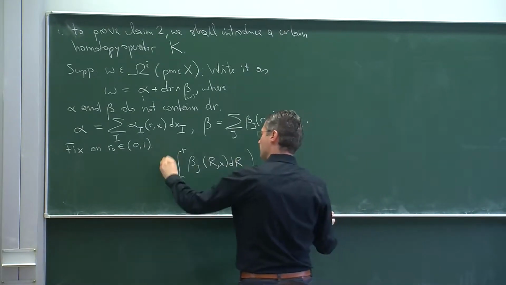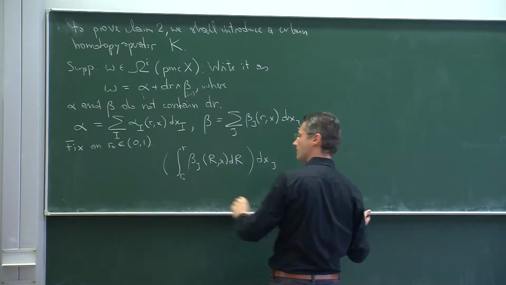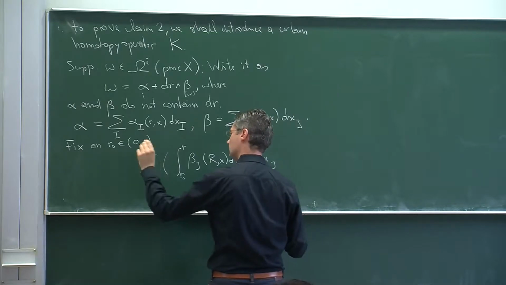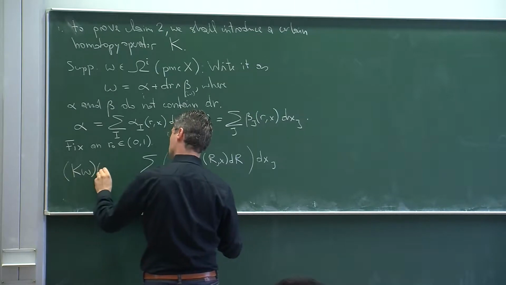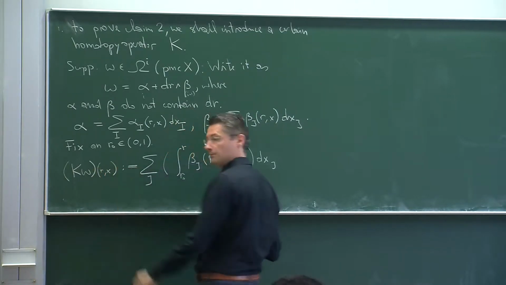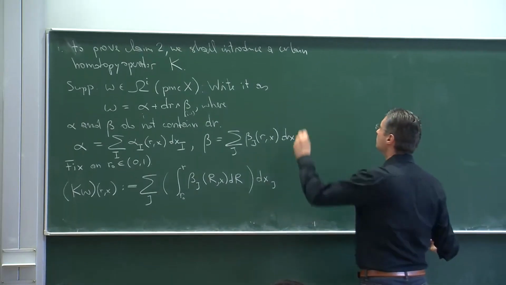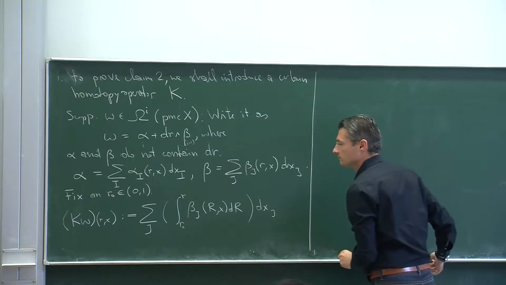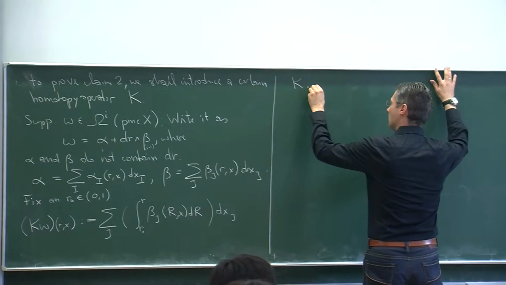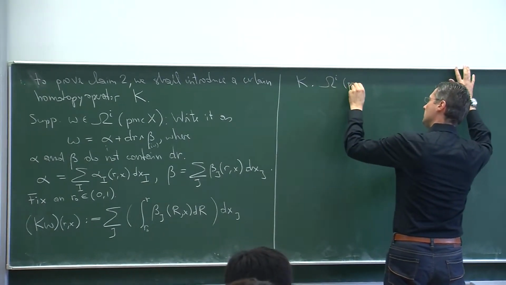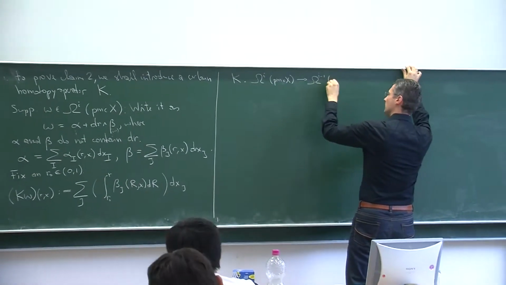And I take this as my coefficient functions. And this is my definition of K omega. Okay. So notice that K omega is an I minus 1 form. So I certainly get this way a map from Omega^I of the punctured metric cone to Omega^(I minus 1) of the punctured metric cone.